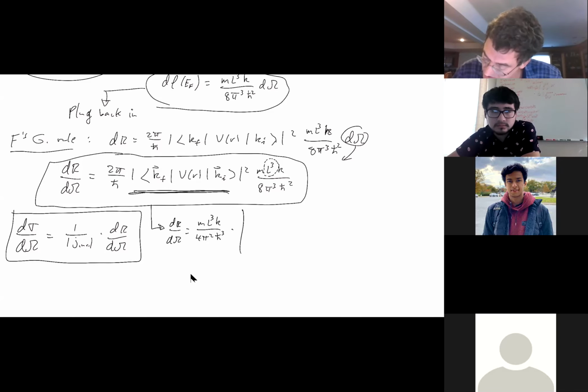Now the matrix element is an integral. It's going to be an integral of these three things.